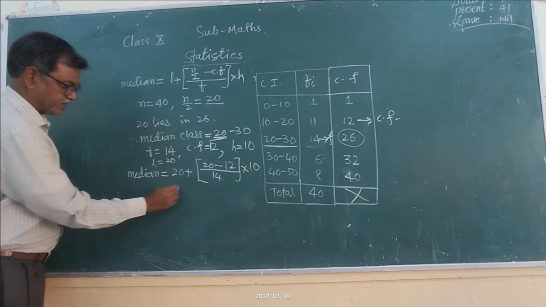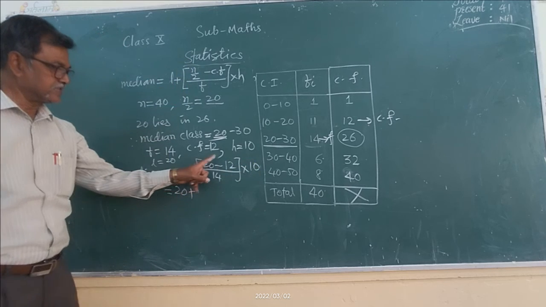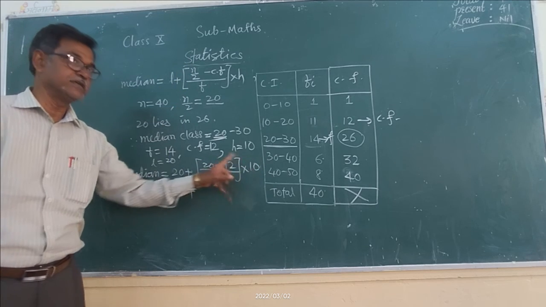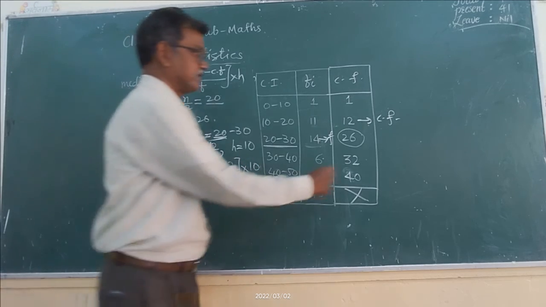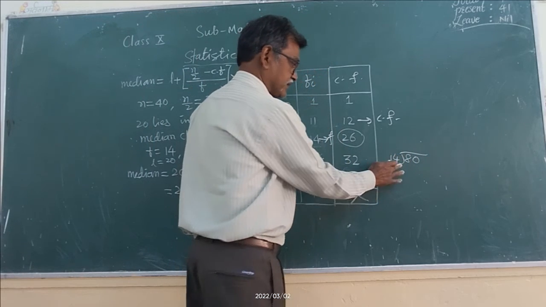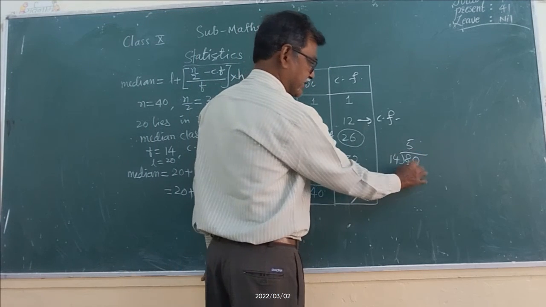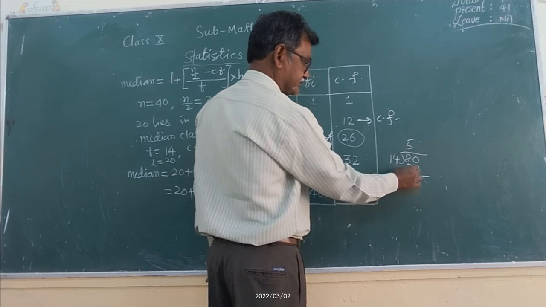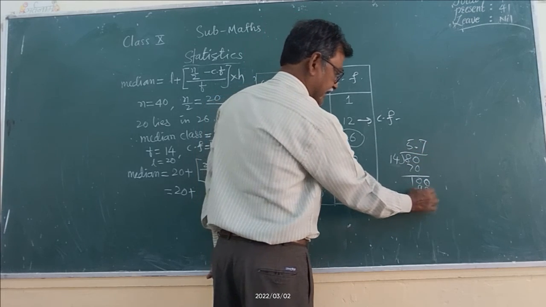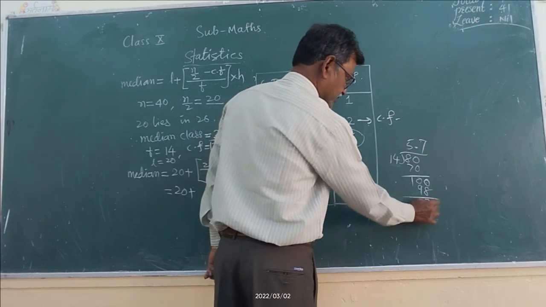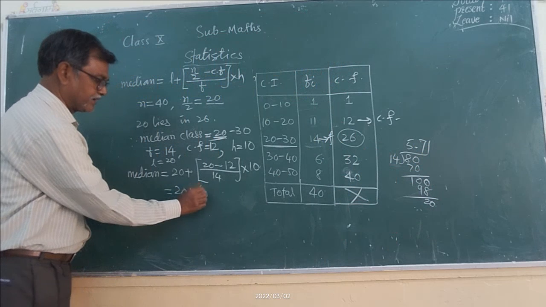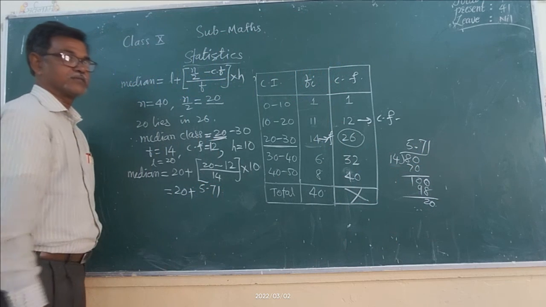So it will be 20 plus 8 by 14 into 10, means 80 by 14. So we will divide 80 by 14, it will be 5.71, right?